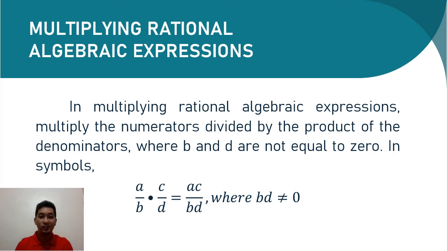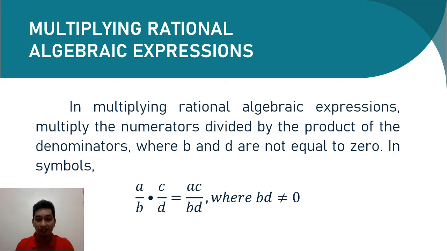The first operation involved in rational algebraic expressions, which I think is the easiest, is multiplying rational algebraic expressions. How do we multiply rational algebraic expressions? It's like multiplying rational numbers, like 1/2 times 1/2, but this time you will be given algebraic expressions.